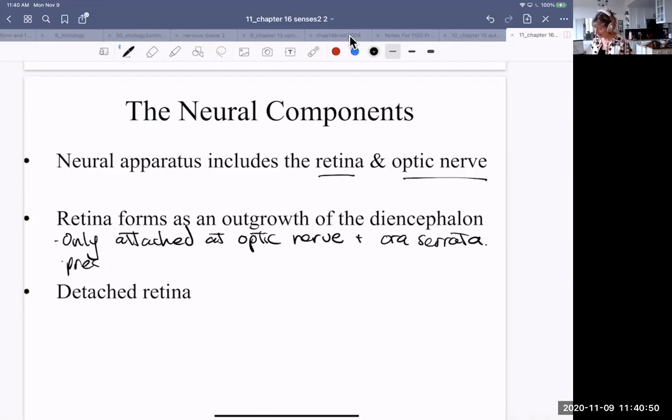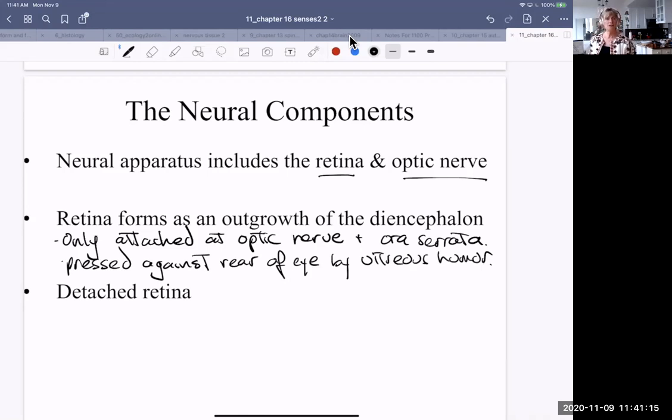So it's pressed against the rear of the eyeball by vitreous humor.